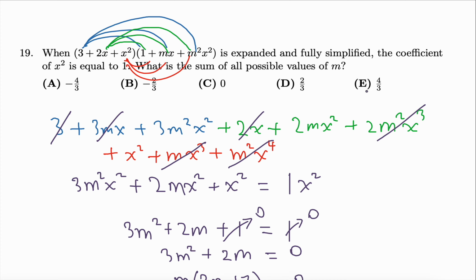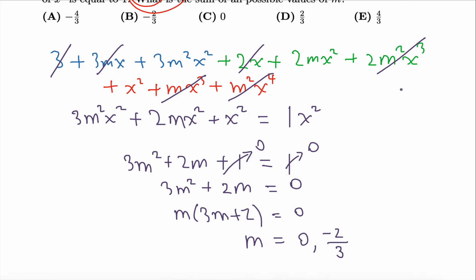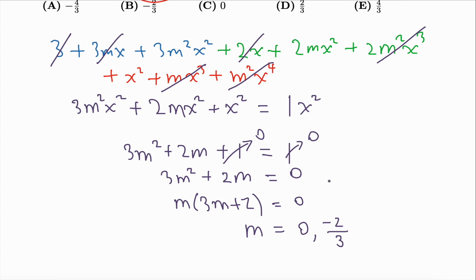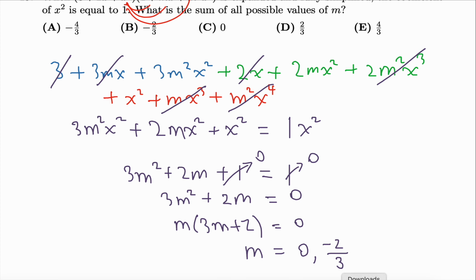The question is not asking what are the possible values of m. It's asking what is the sum of all the possible values of m. So since the possible values of m are 0 and negative 2 over 3, the sum of them would just be 0 plus negative 2 over 3, which would just be negative 2 over 3. So the answer would be letter B.